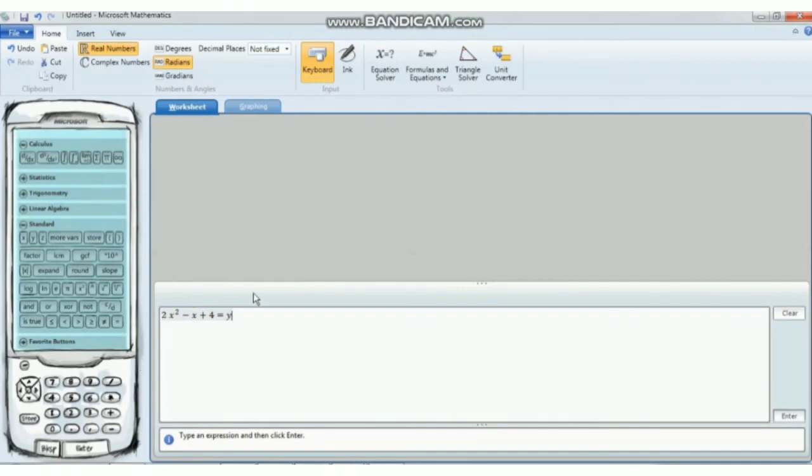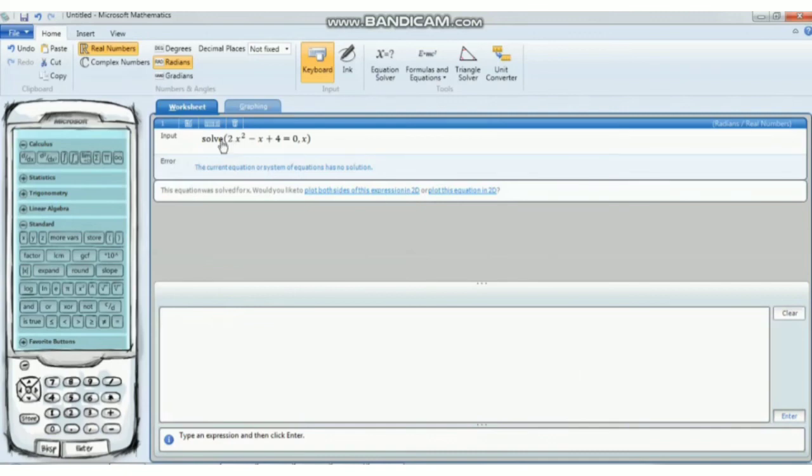And then what if the discriminant is less than 0? For example, we use 2x squared minus x plus 4 equal to 0. b squared minus 4 multiplied by a and multiplied by c.